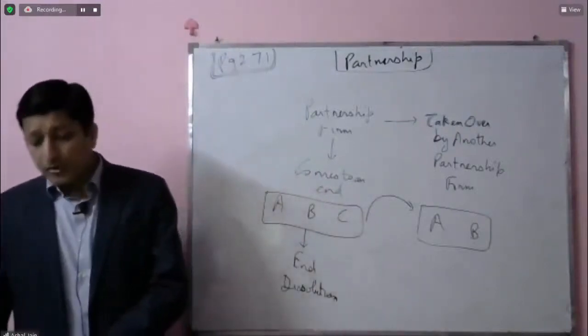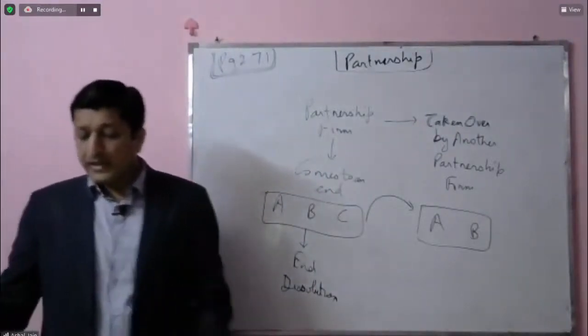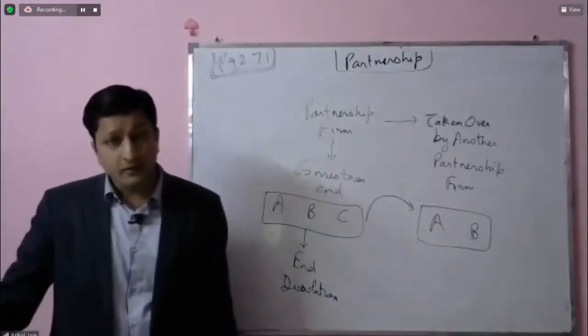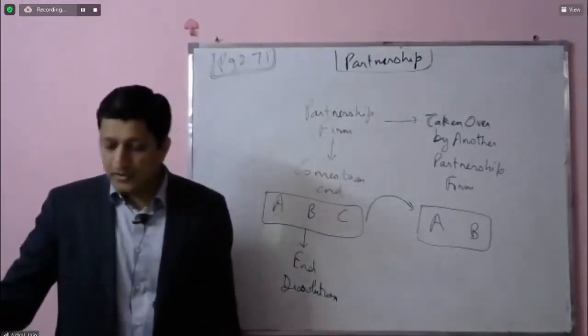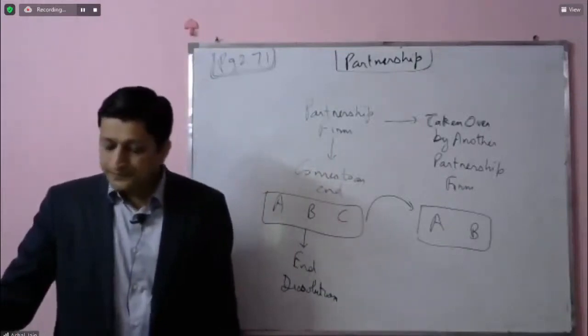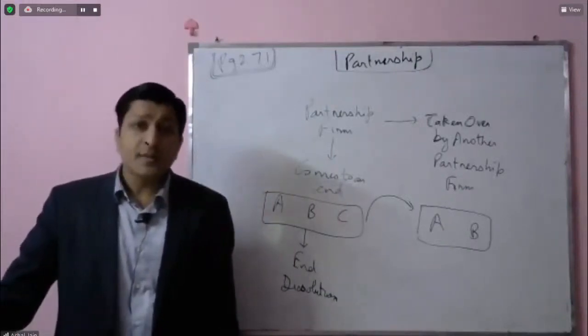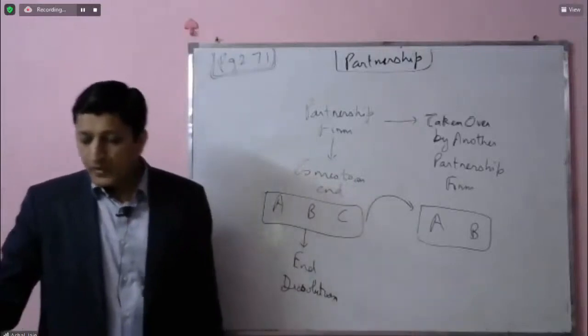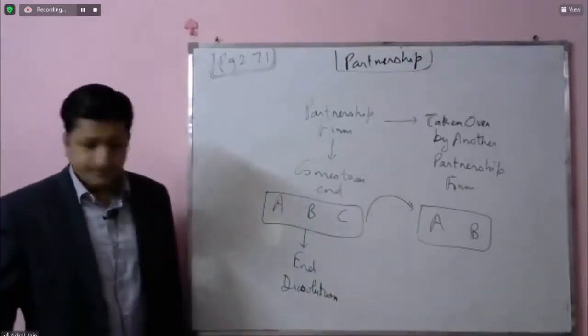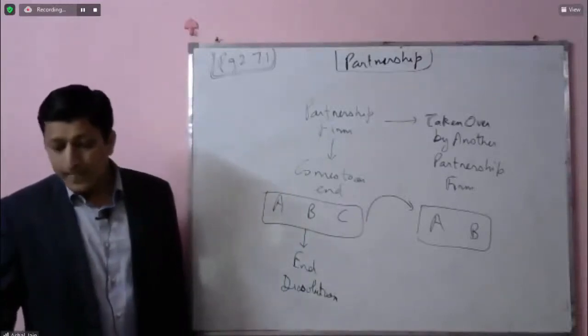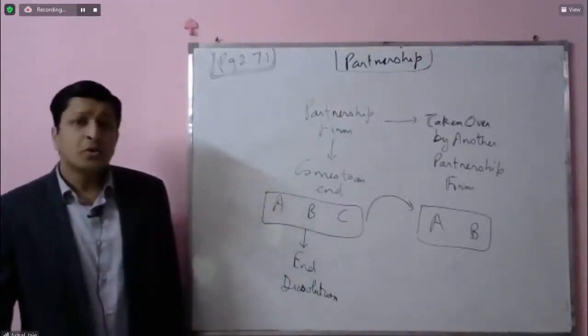The new firm should be debited with the difference between value of assets and liabilities taken over by it. The assets should be credited and the liabilities should be debited. Partners' capital accounts should be transferred to the new firm's accounts. So this is all about closing.